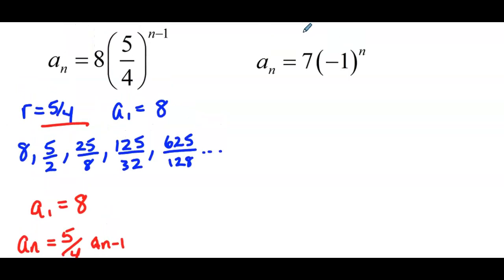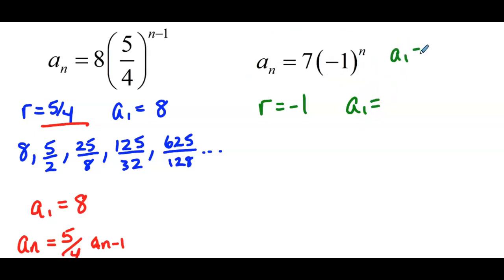In our next example, a sub n equals 7 times negative 1 to the n. Well, we don't have n minus 1, but we still have a base, so that's the common ratio. So the common ratio here is negative 1. It's equivalent to the base of the exponential function. But to find the first term of this sequence, we actually have to plug in 1. Right?